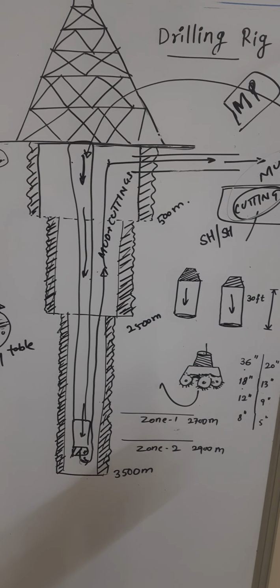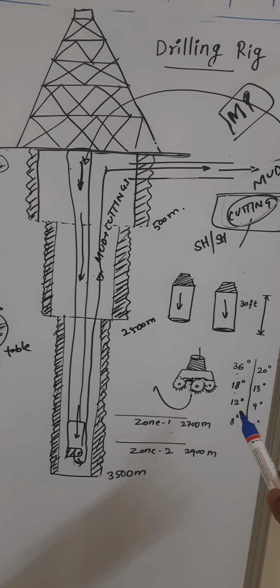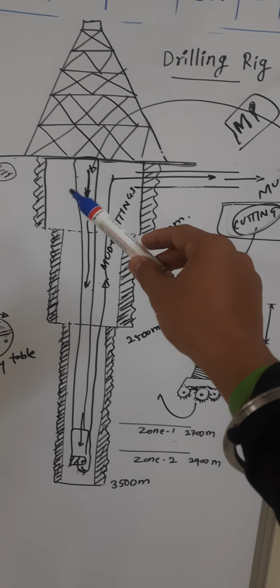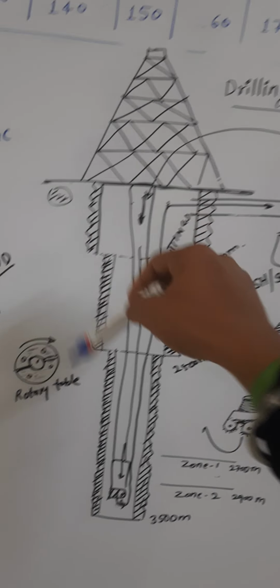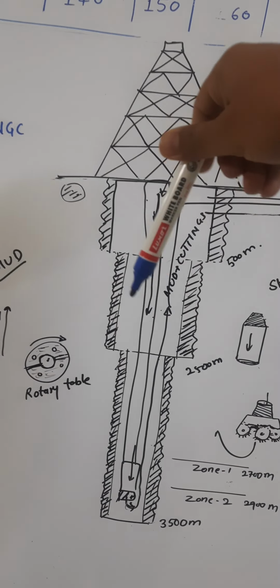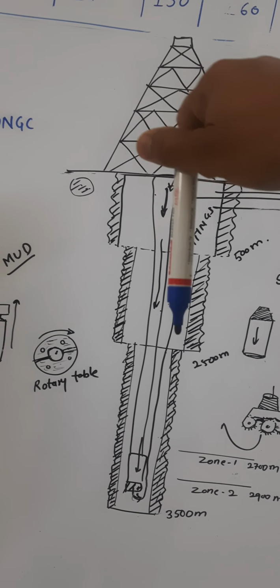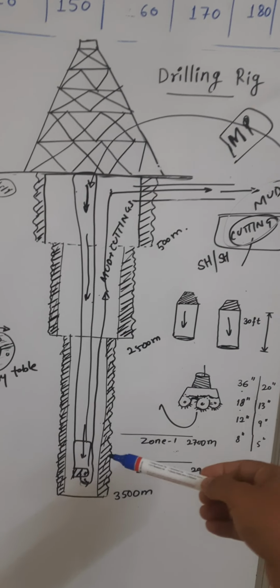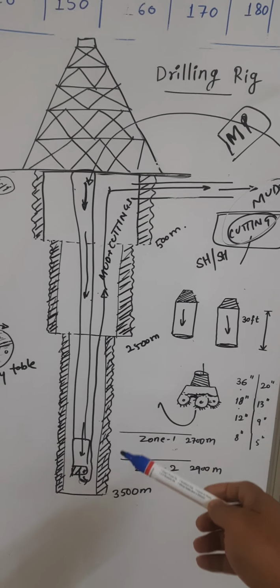Then we talked about how the volume of cutting which will be generated due to the drilling, as the drilling bit rotates, some cutting will be generated, and how this will be removed from the well. So there was a circulation system.